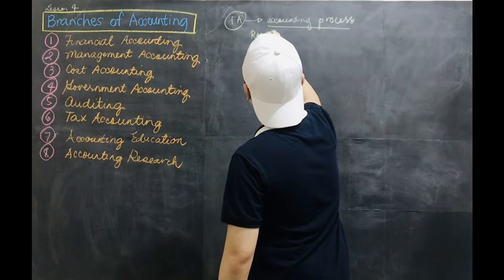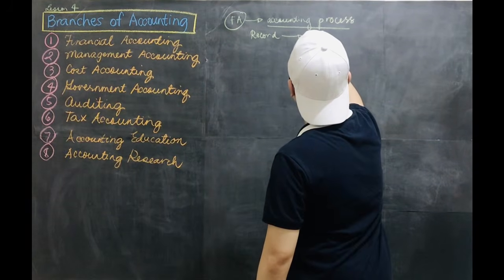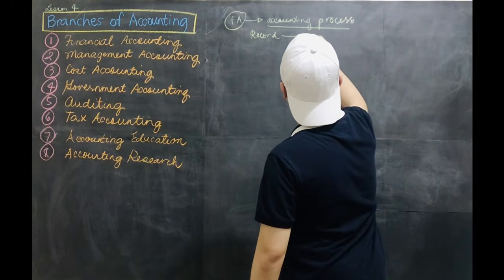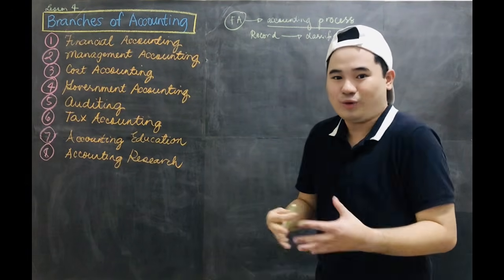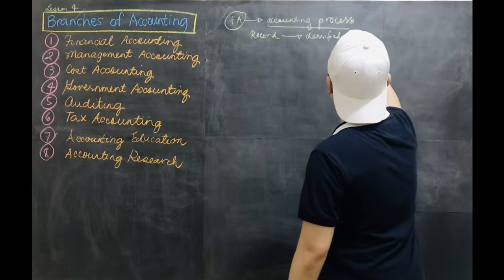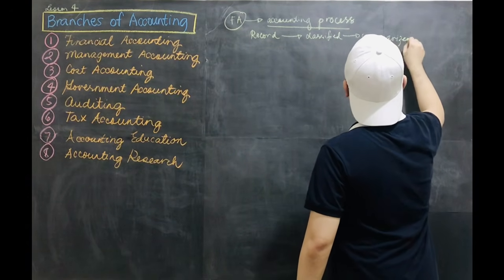After we have recorded all of those transactions, we have them classified based on what account they belong to, and then those would be summarized.